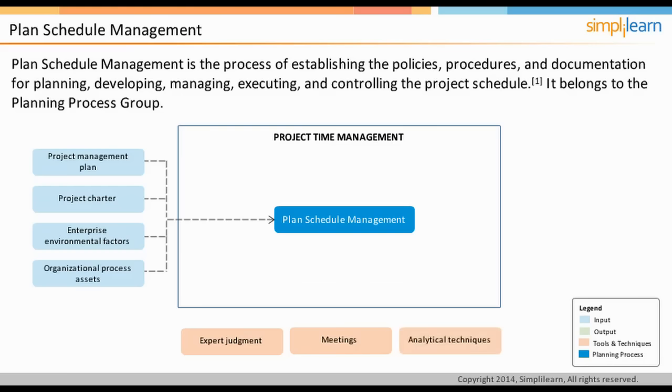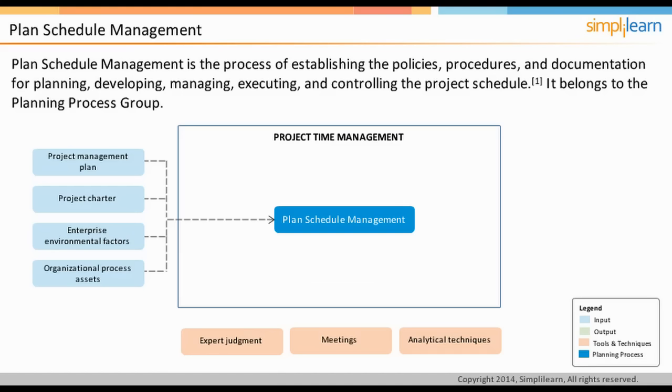Several analytical techniques may be used to determine the schedule management plan. These may include different planning approaches and philosophies, such as rolling wave planning, or different scheduling software that allow to build what-if scenarios and study the effect of advanced scheduling techniques like leveling, fast tracking, and crashing.